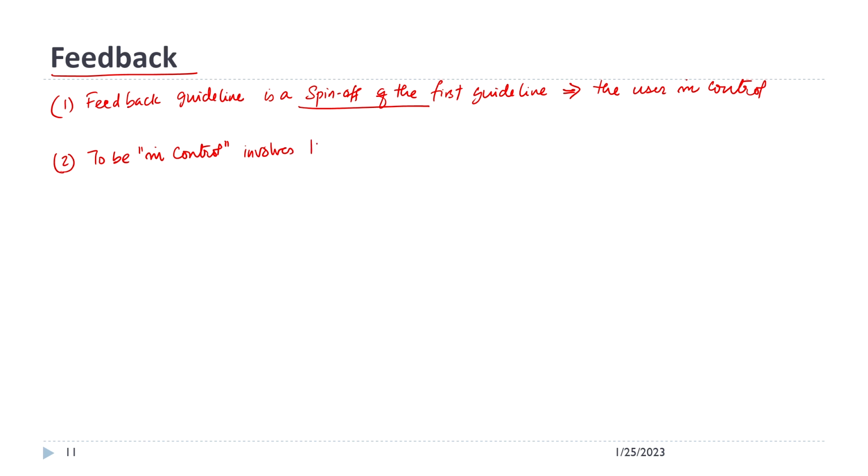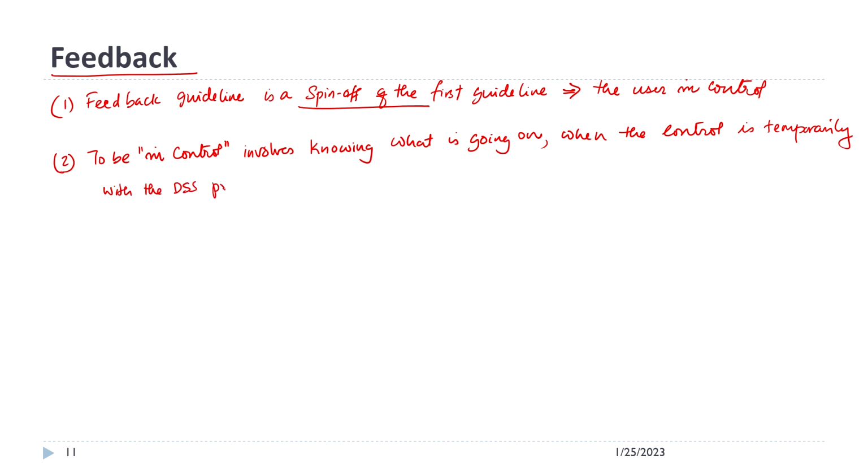Okay. So, to be in control involves knowing what is going on, when the control is temporarily with the DSS program. Okay. So, even when you click a button and the system is doing some processing, the user should not be kept in the dark, or the user should be able to identify what is going on.